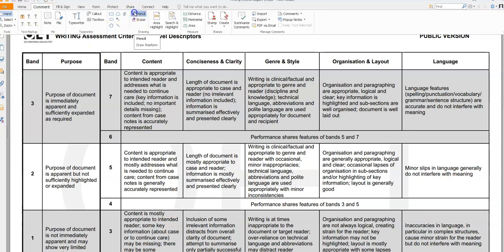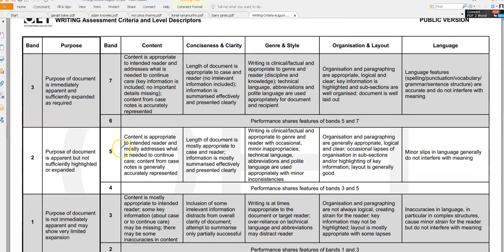Now, I'll just get my pen. So, as you know, we've got purpose, content, conciseness, genre, organization, language. Okay, so for a B 350 plus, you need 2555555. So that's what we're looking for. The purpose must be immediately apparent, what you want the reader to do, and then expand it over the course of a letter.